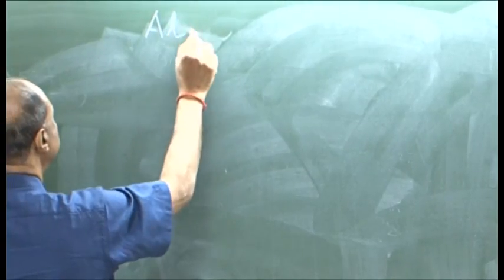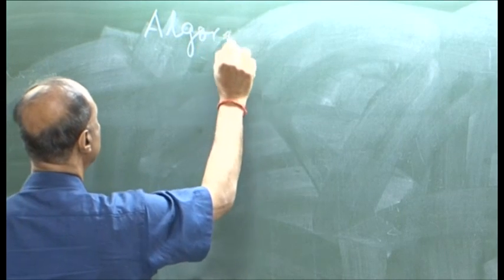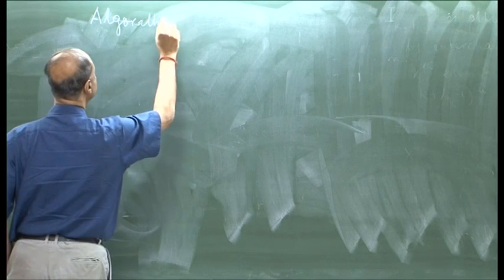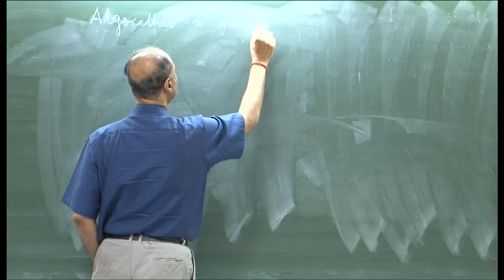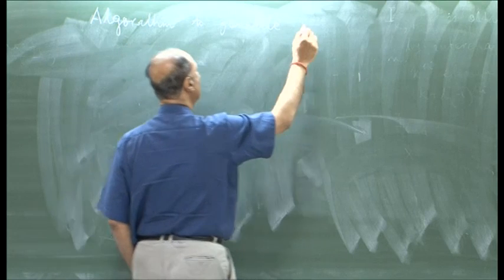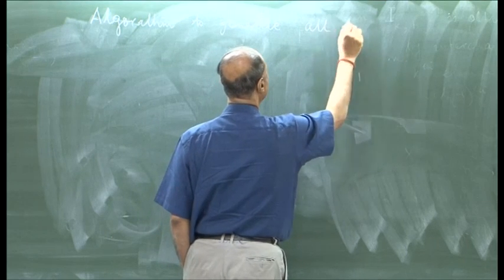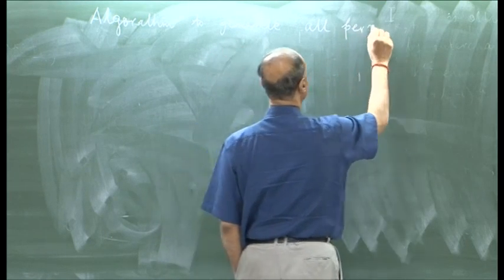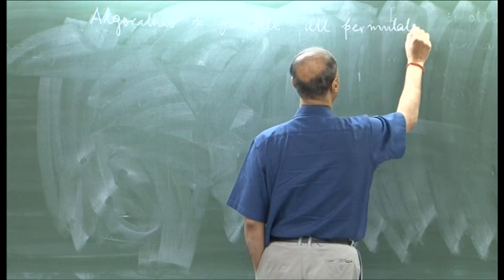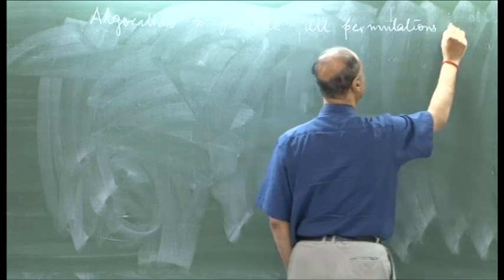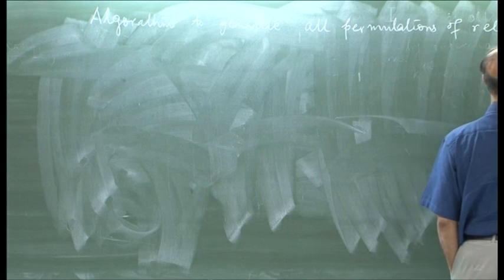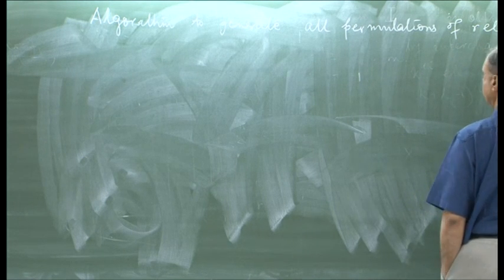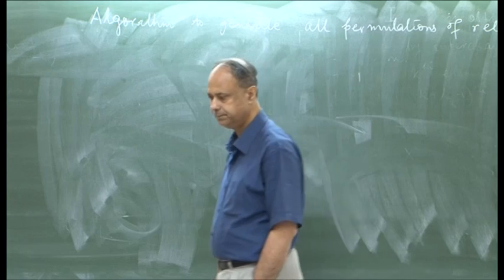Now let us write down the algorithm to generate all the permutations of r out of n elements.